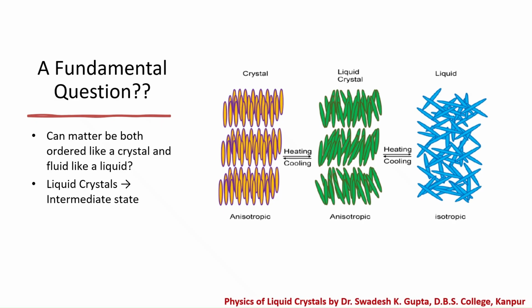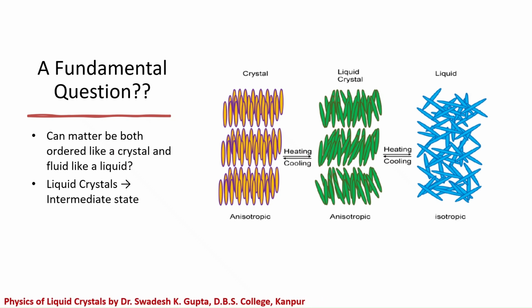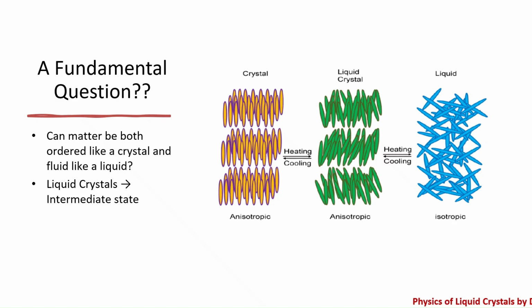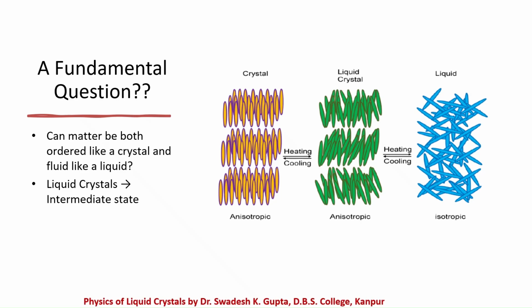In a solid, as I already mentioned, molecules are tightly packed and highly ordered. In liquid, molecules move freely and randomly. But in liquid crystals, molecules flow like a liquid while maintaining some level of order like a solid.